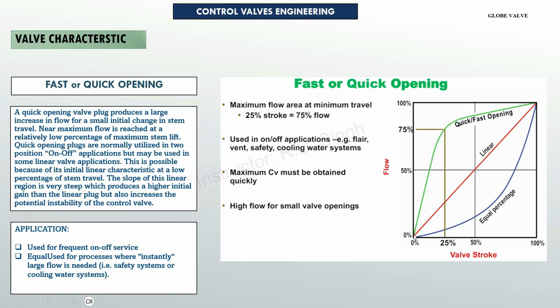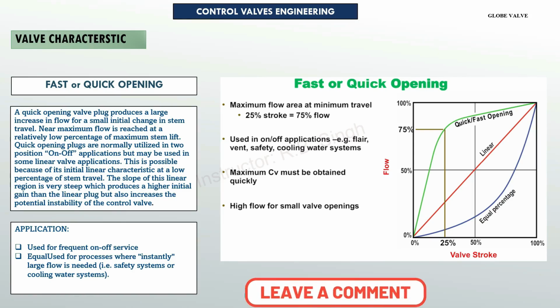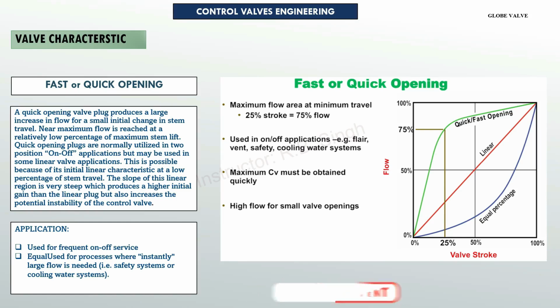If we open the valve a very small amount, then if we track this line of quick or fast opening, for a small opening of the valve we can get the maximum flow like this. That means if we open a small portion of the valve, then we can get very high flow. That is called fast or quick opening.